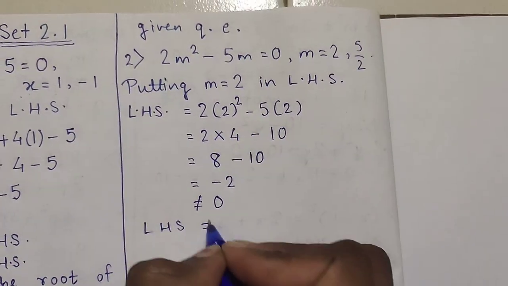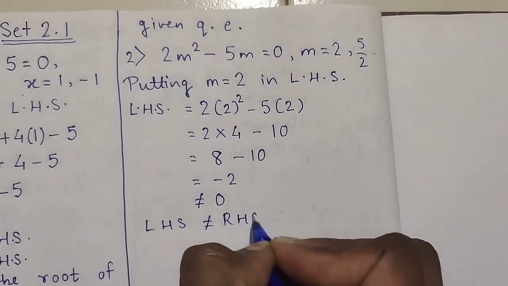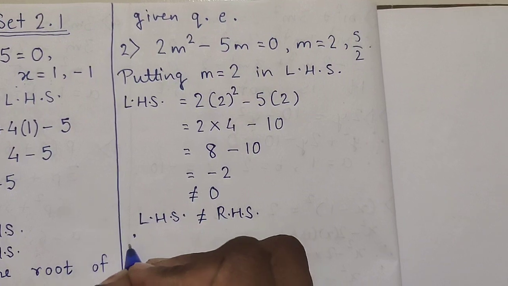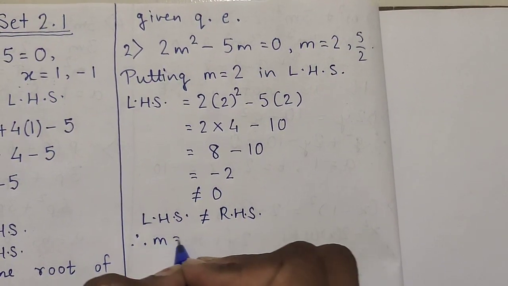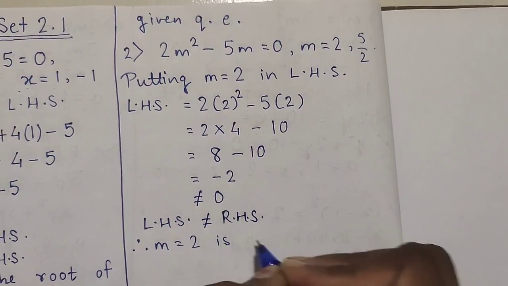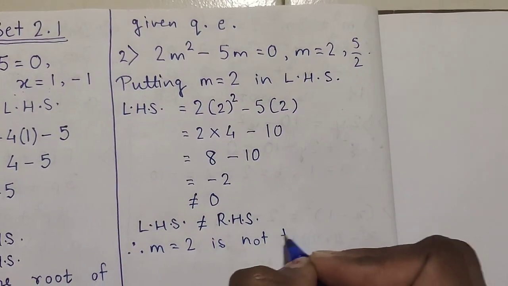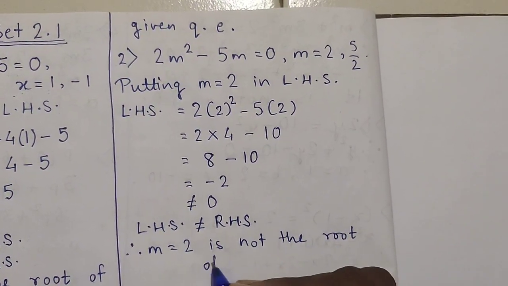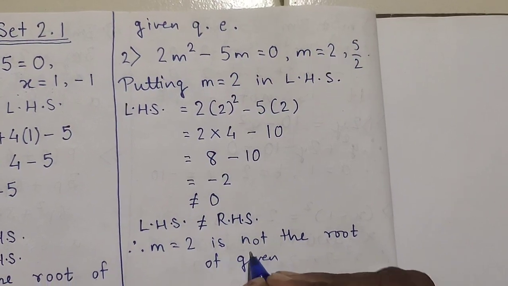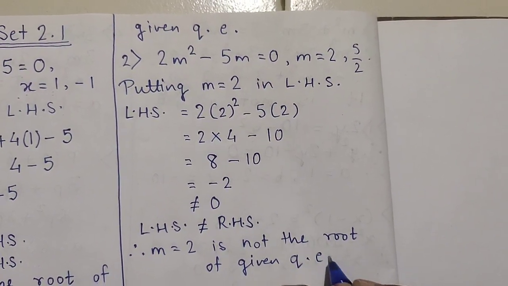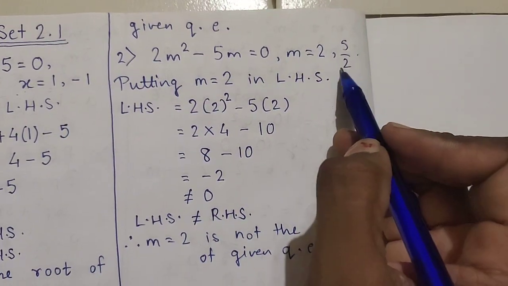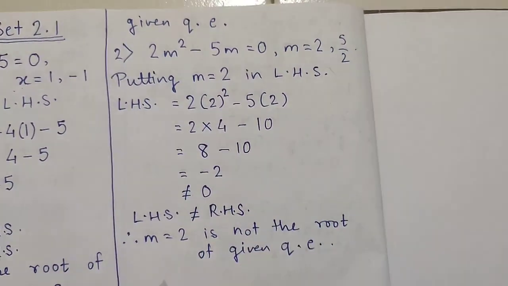LHS is not equal to RHS. That means m is equal to 2 is not the root of the given quadratic equation.